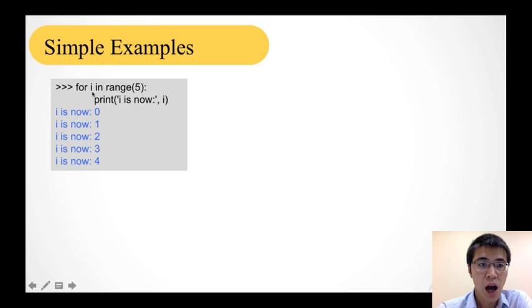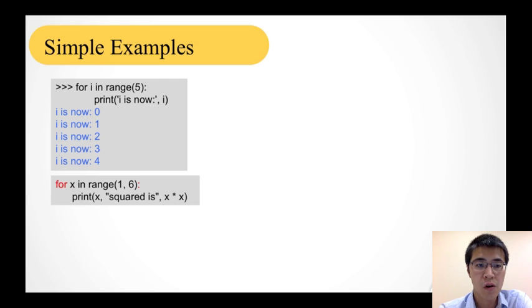For each i in range(5), I will do this print function. So at the end, the result I get will be: i is now 0, when i is the first element in range(5), and then i is now 1, i is now 2, i is now 3, and then at the end, i is 4.